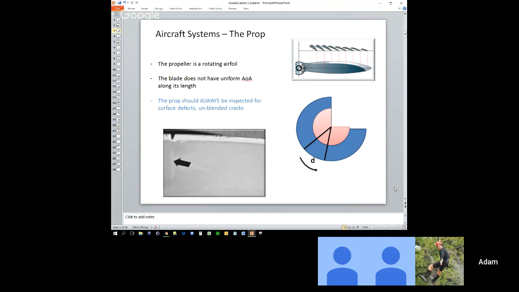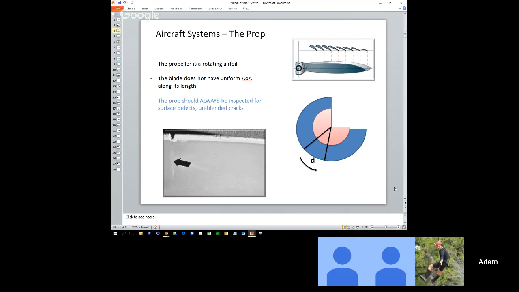Let's jump over to the prop. Aircraft propeller. So the prop is really just an airfoil. If you guys have ever looked at a propeller from the top down to the hub, you'll notice that it actually has a fat surface and a flat surface, and if you look even closer, you'll notice the surface pointing away from the aircraft actually gets fatter.